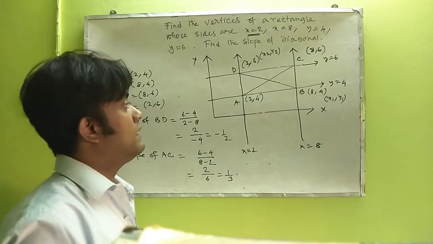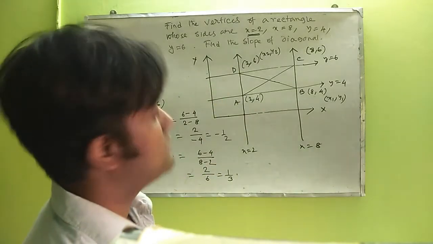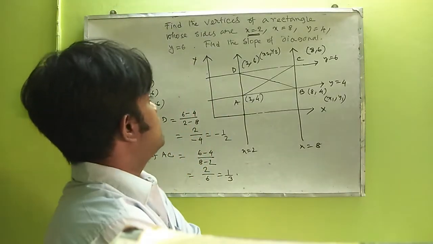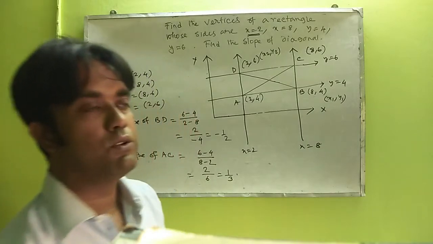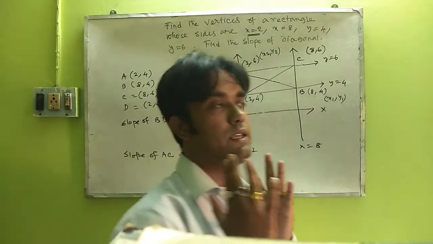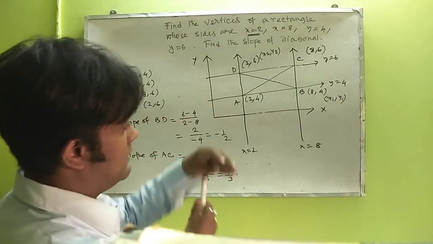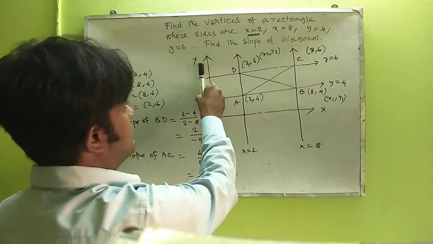So again I explain that sum. Here it is given that x is equal to 2, x is equal to 8 and y is equal to 4 and y is equal to 6. First we draw the straight line which is y is equal to 4. We know that if y is equal to constant, then the line will be parallel to x axis, and if x is equal to constant, then the straight line will be parallel with y axis.